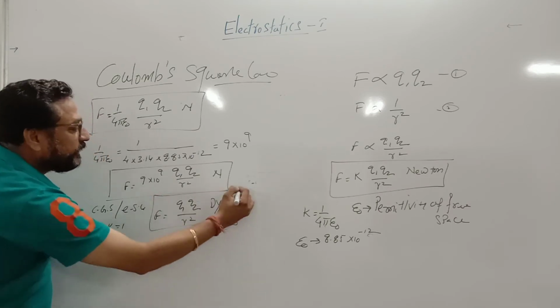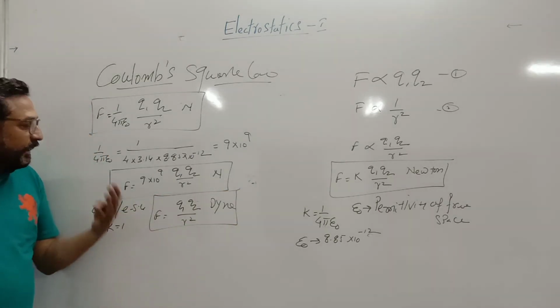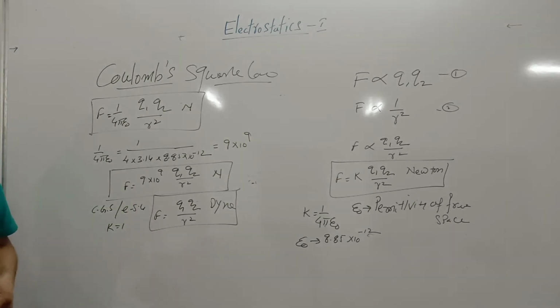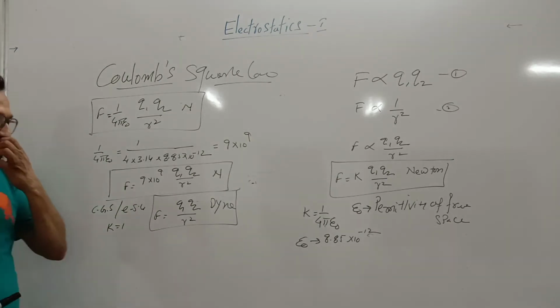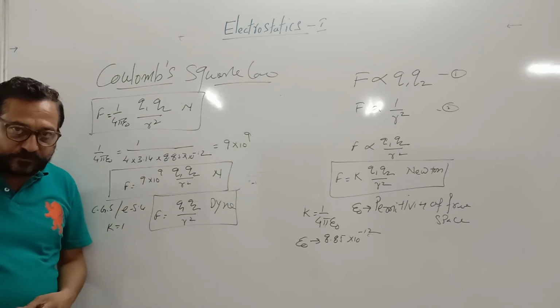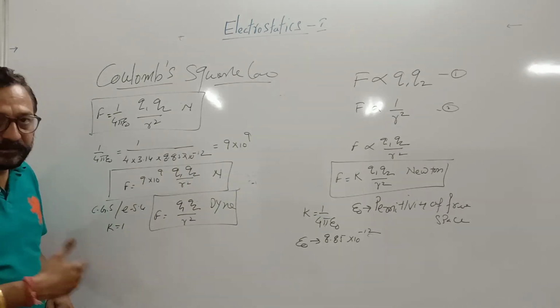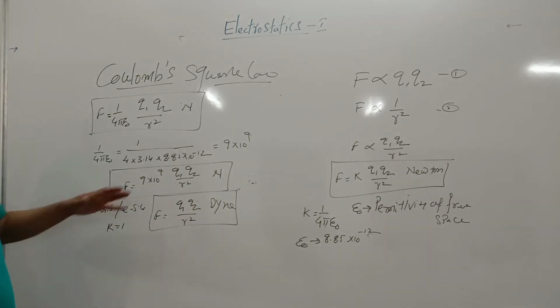That's the unit in the CGS system, and this is Coulomb's inverse square law. On the basis of this law, we explain other things later on. Please write now.